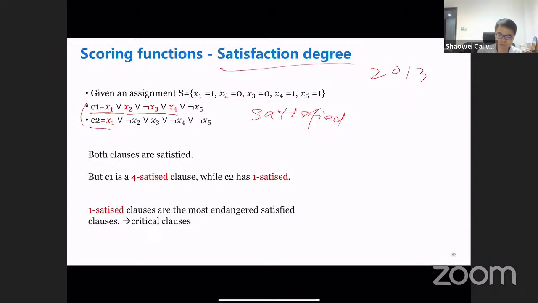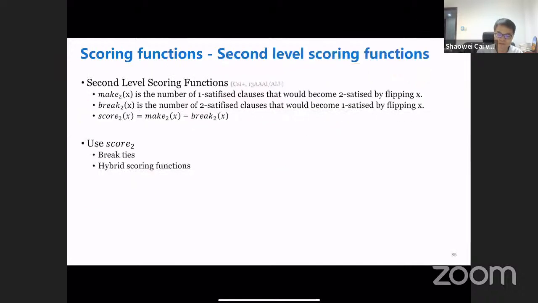It's a critical clause. So I propose that we should distinguish these two levels. Then I propose the second level scoring function to capture the critical case, where a satisfied clause with only one true literal is a critical clause.